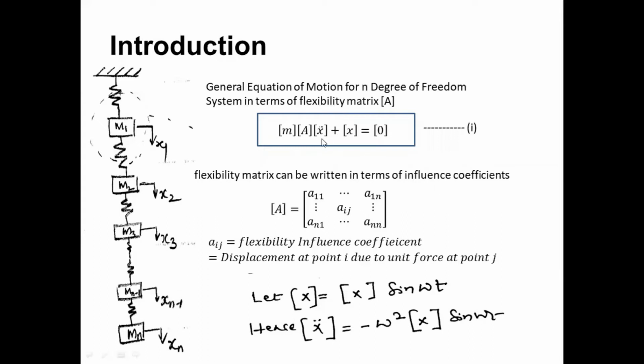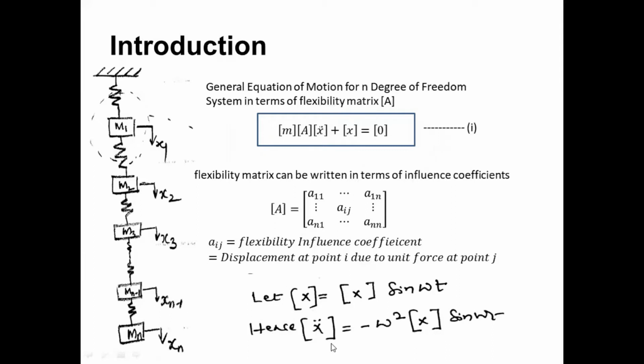Now in this governing equation, I put the assumed solution: X matrix is equal to displacement matrix sine omega t. Since we require the value of X double dot, we double differentiate this, so we get minus omega square X matrix sine omega t.